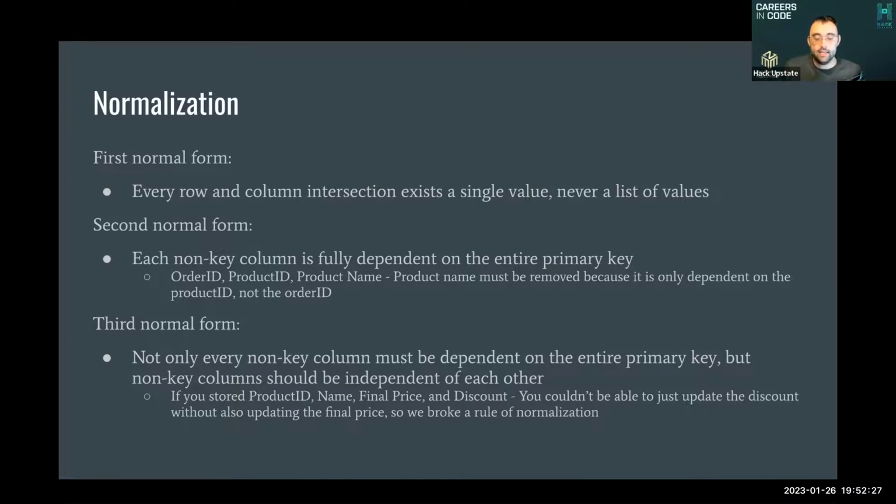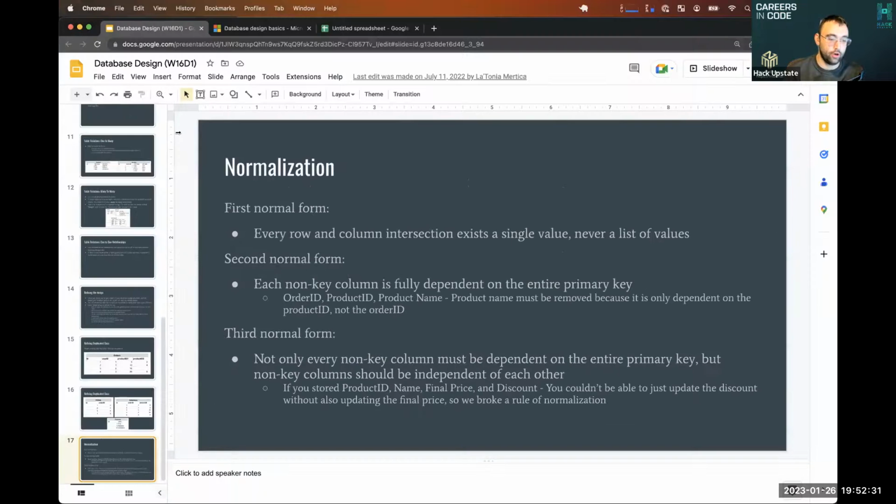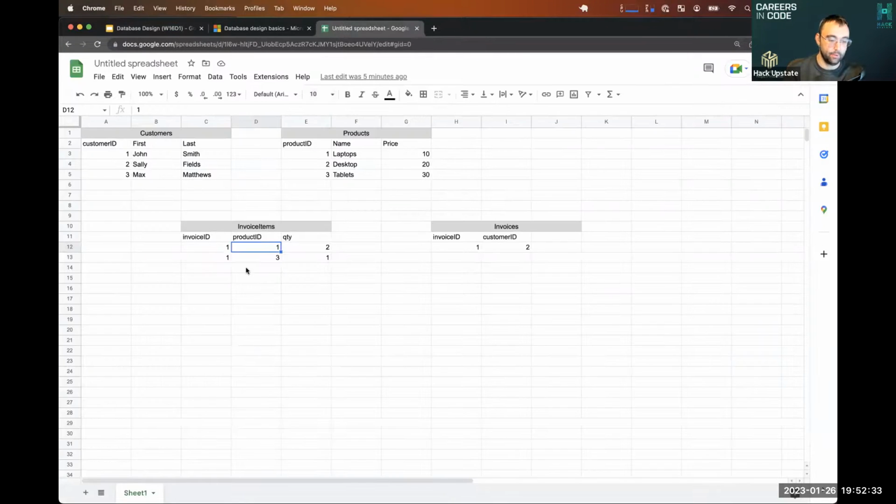The general idea is, if we go back to our invoice example here, we have the price in this table and the quantity in this table. In our SQL query, we could say, take the quantity and times it by the price in the product. And because we're joining those tables together, we could do that math.